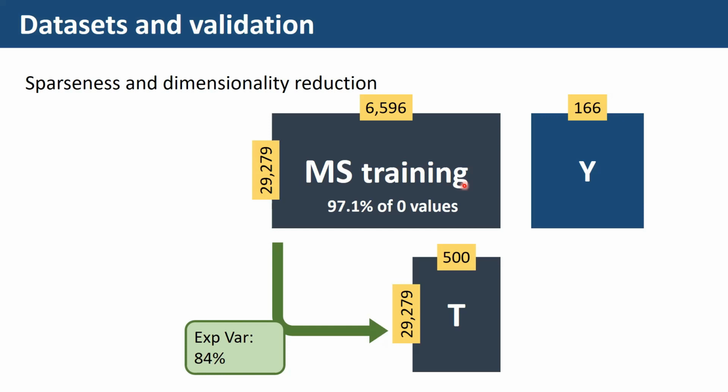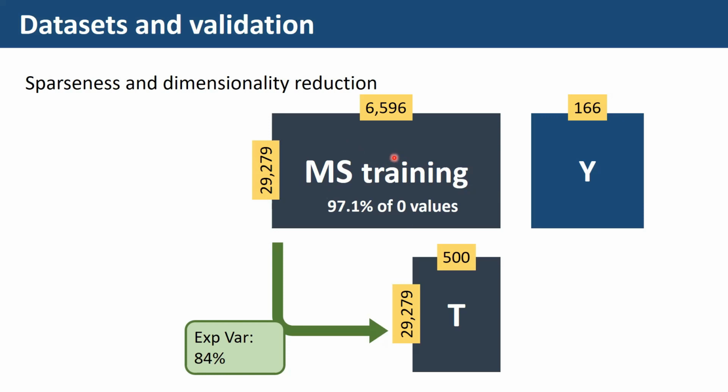Another thing was that, as I said before, these data were very, very sparse. When we look at the mass spectra in the training set, around 97% of the entries of the training data set were equal to 0, because you have few peaks for each chemical.